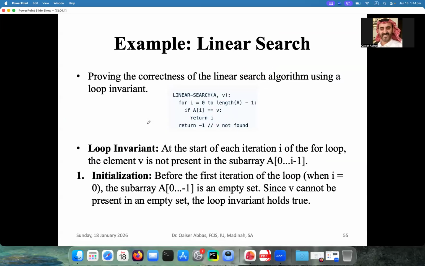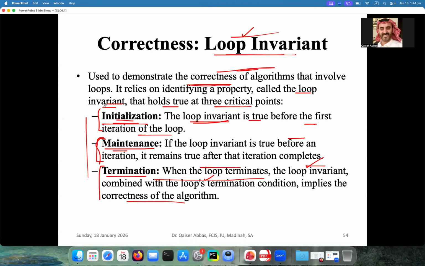Now let's see an example, linear search. So these are the definitions for these things. Initialization: before the start of the loop, you have to show that your theory, your loop invariant, is true. Maintenance: in between the processing of each iteration of the loop, if some loop invariant is true before the iteration, it remains true after the iteration.